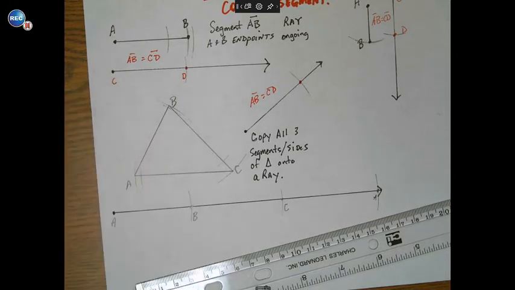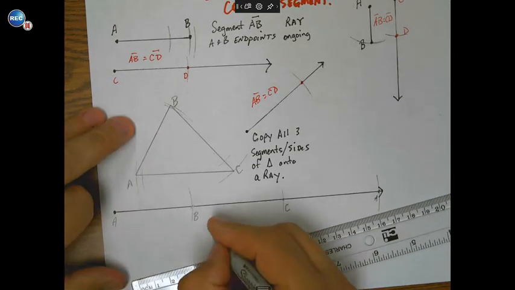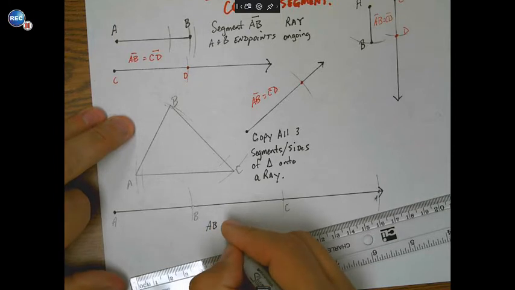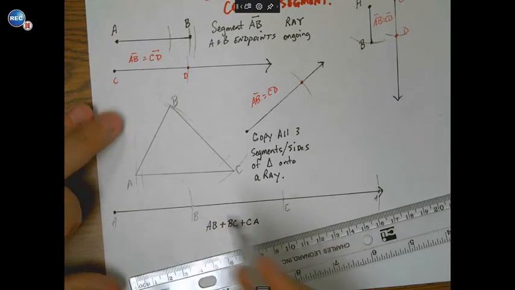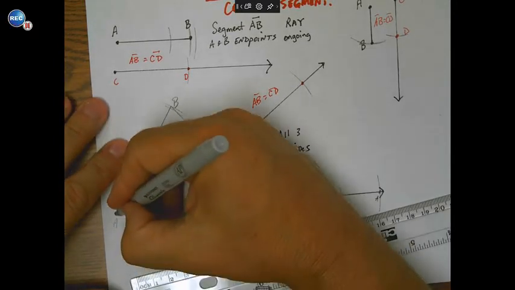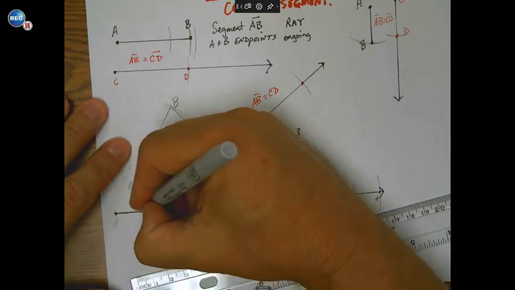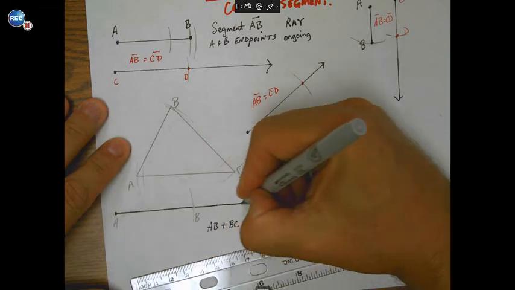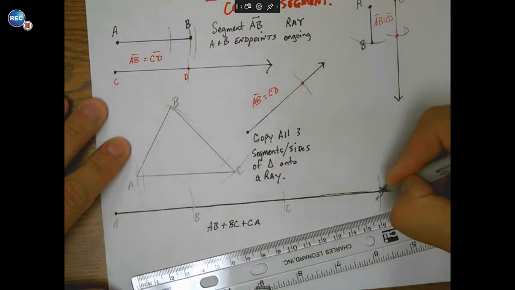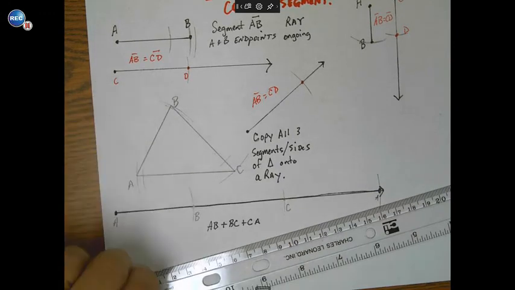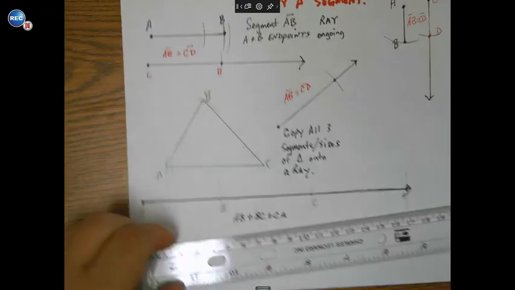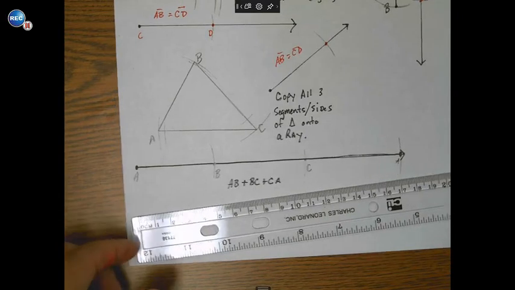Okay, so what happened? So I have segment AB side plus BC plus CA. If I were to outline it, I'd go from A all the way to A. What's it called when you add all the sides of a polygon together?